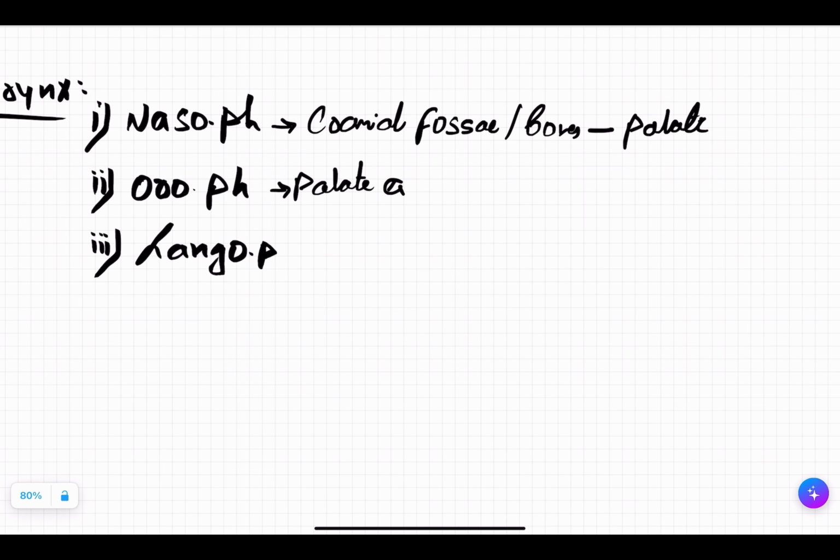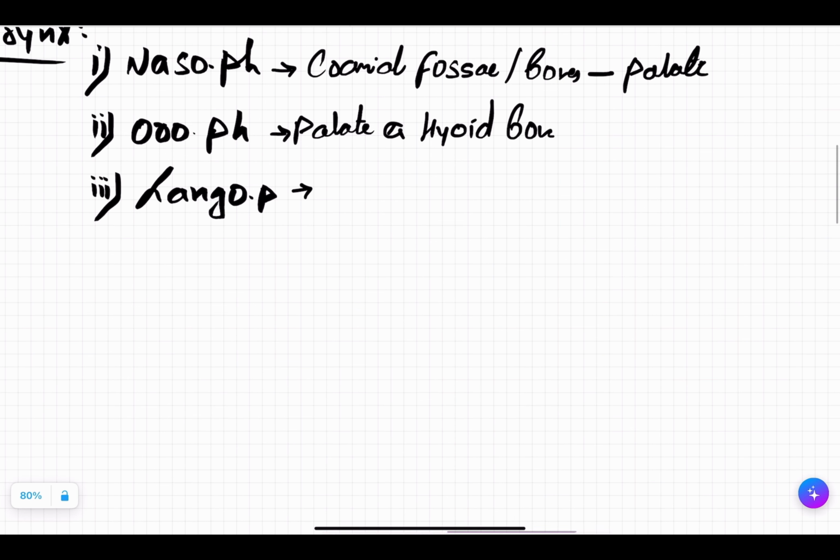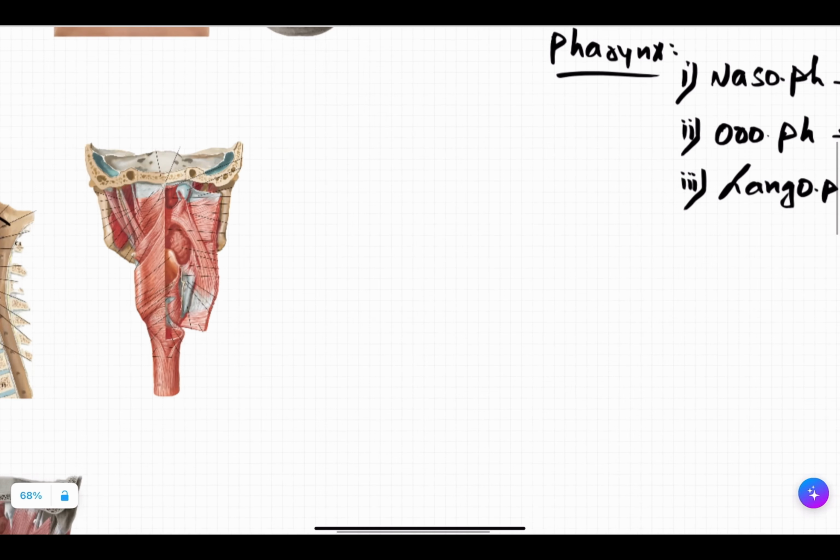Hyoid bone. Then is your laryngopharynx. Laryngopharynx किधर होता है? Between the hyoid bone to what? Yes, cricoid cartilage.